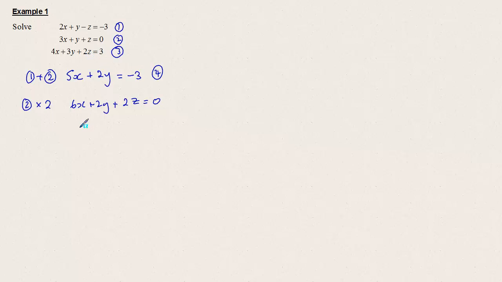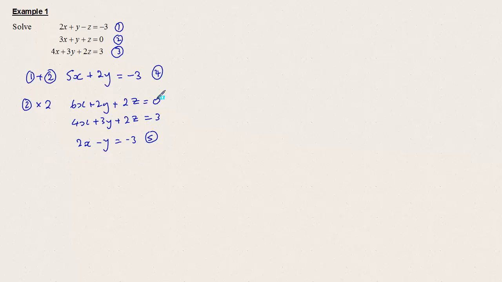And then 3 was 4x plus 3y plus 2z is equal to 3. So if I now subtract these, I get rid of z. So that gives me 2x take away y is negative 3, and I'm going to call that 5.